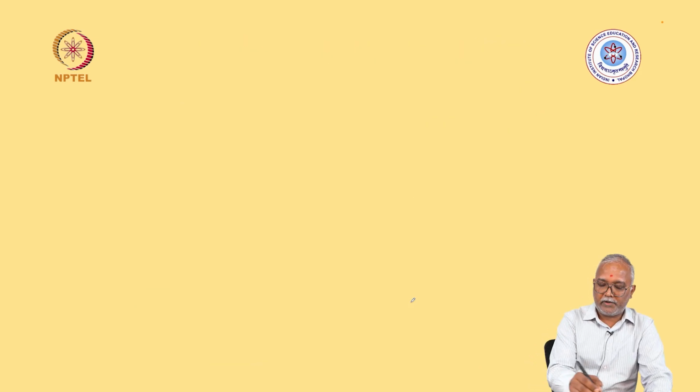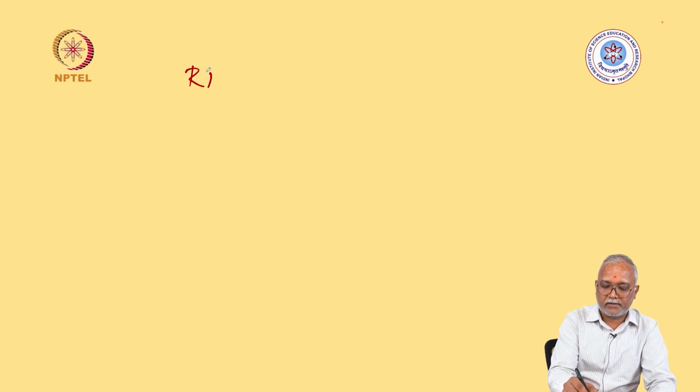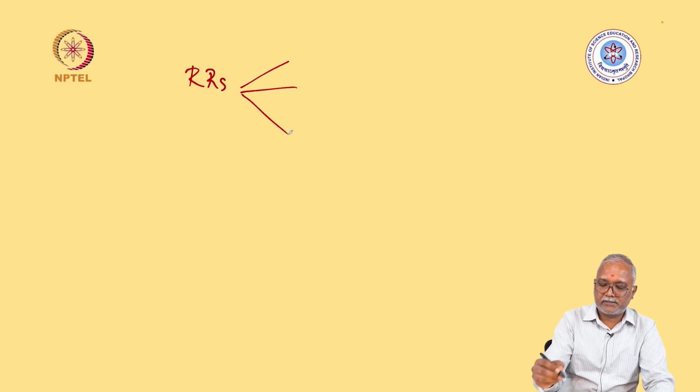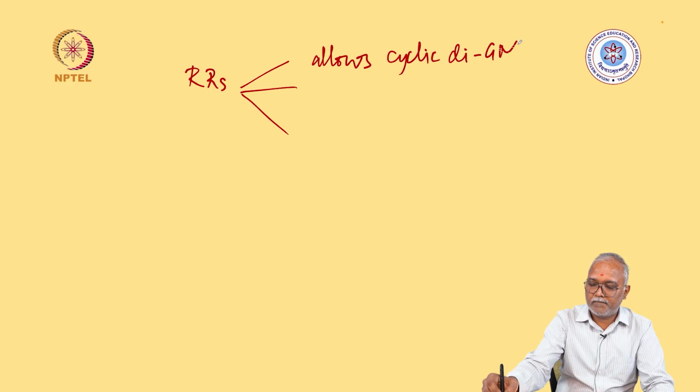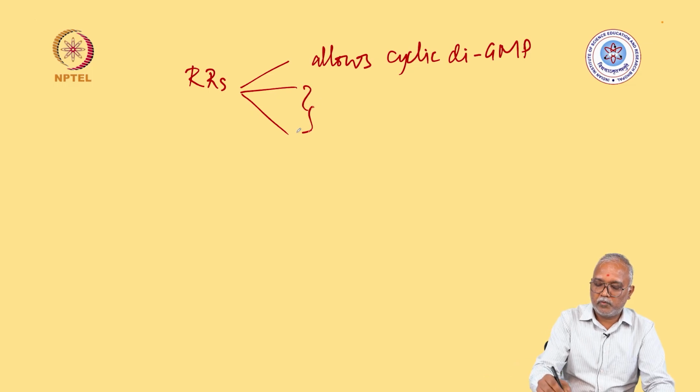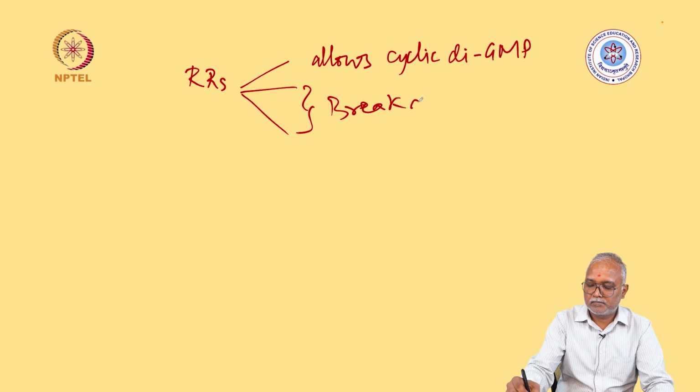Basically what I have told you here is that you will have response regulators of different types. If I can say, they have catalytic domains, one which allows cyclic di-GMP formation, and the other two will break down cyclic di-GMP.